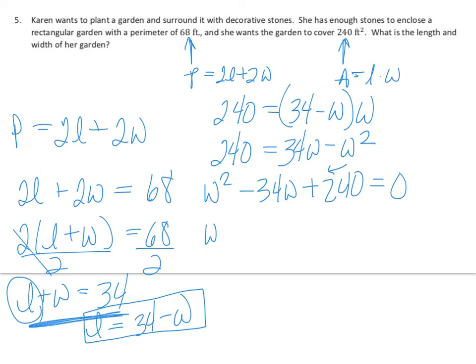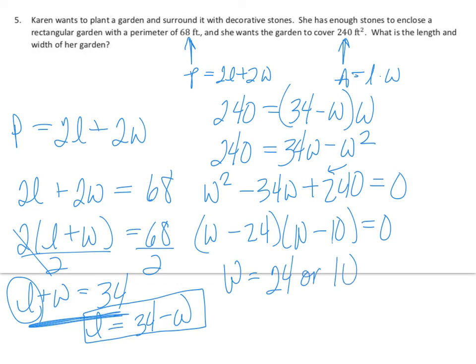Hold on. Cool. 24 and 10. So minus 24 plus 10. Ooh. Actually, I'm wrong. I found it again. It's minus 10. So W equals 24 or 10.